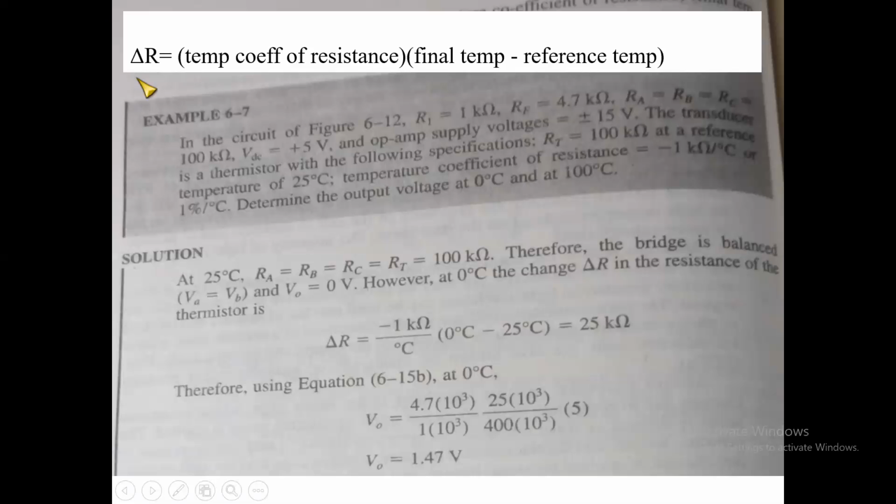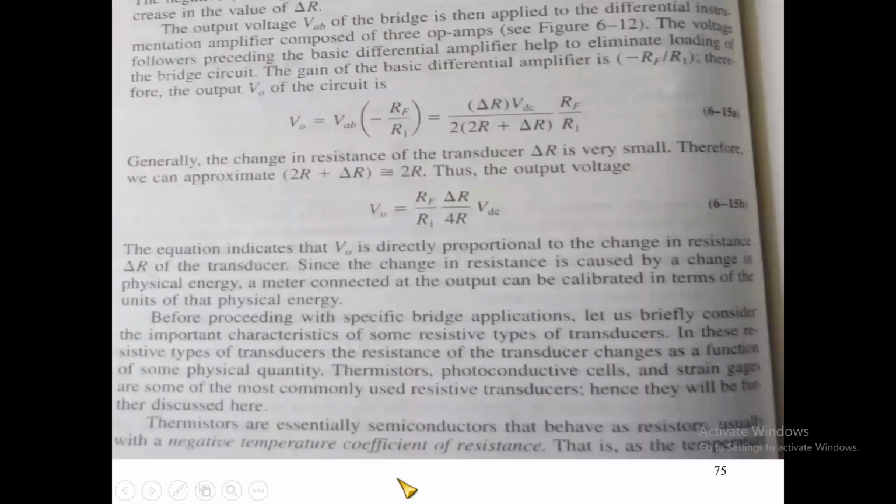So we need to find del R first. Del R is given by minus 1 kilo ohm per degree centigrade as the temperature coefficient, multiplied by the final temperature, which is 0 degrees in case 1, minus 25. That gives us 25 kilo ohms. Now going back to the formula for V naught: V naught is RF by R1 into del R by 4R into VDC.